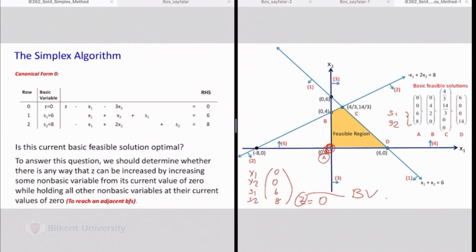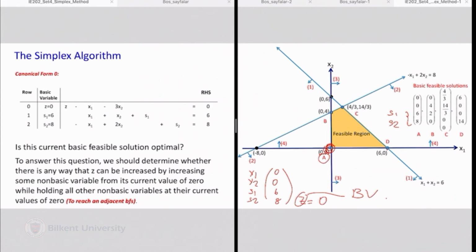Now, I am going to ask the question, am I optimal? Can I improve it? Okay, what is my option? I can only go to a neighbor, meaning that I could either choose the non-basic variable x1 or x2 and move it from 0 to something higher. The other non-basic variable, the non-chosen one, will stay at 0.